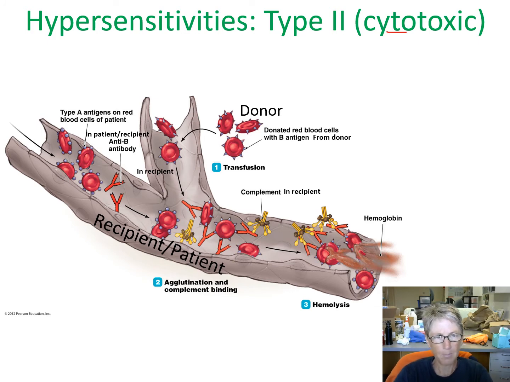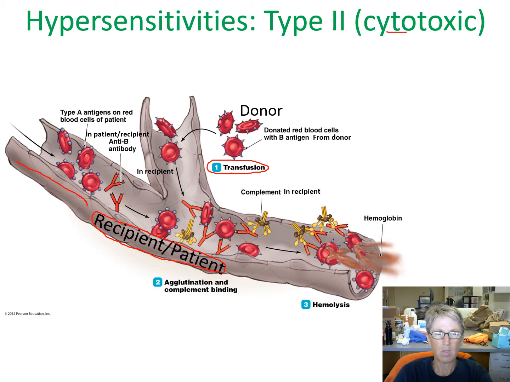All right, so this kind of grayish brown thing is a blood vessel. And it is the blood vessel of the recipient, aka the patient. That's the person that's going to receive the blood transfusion. So it says here in number 1, transfusion.